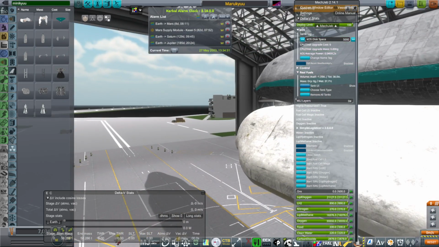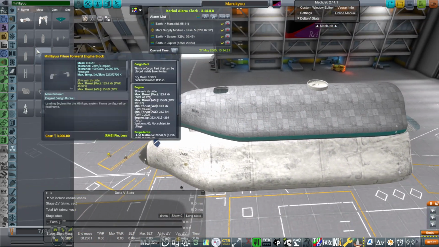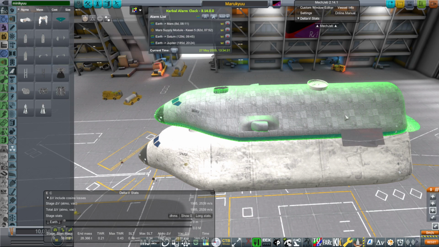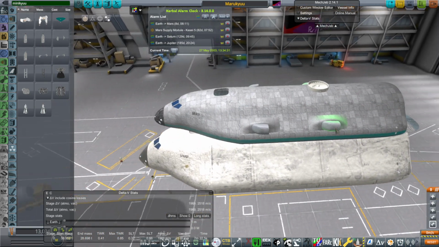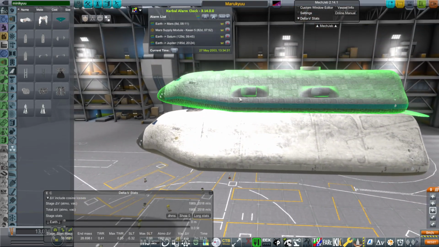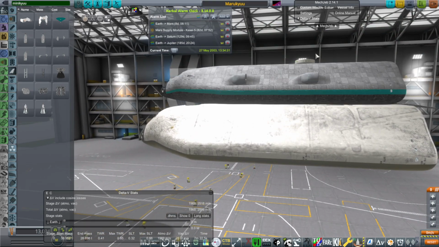It's also all one part to make it easier on me to maintain the balance during re-entry. It's got its own engine blocks, which are like this. And they're in a different position than on the Maru-Q, you'll note. It's a tighter thing to avoid having to adjust them too much.